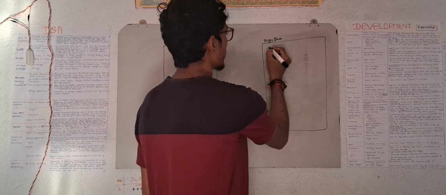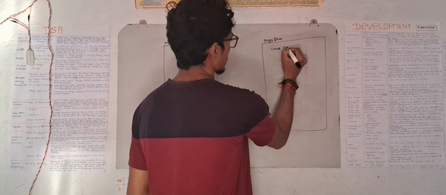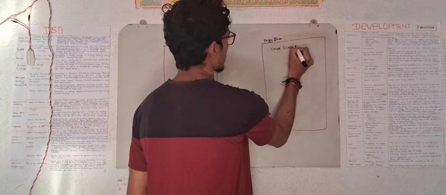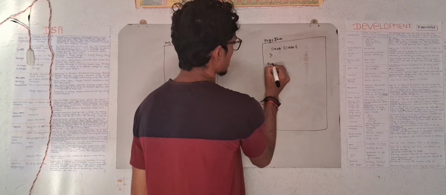After that, we will declare a class by using the class keyword. This is your class 1, and write your main function.